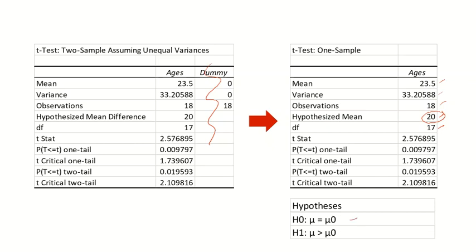First, that there was no significant difference, or that it was indeed equal to 20 years old, the average age of the faculty members in Xavier University. Our alternative hypothesis is that the faculty members in Xavier University have a significantly older average age than 20 years old.